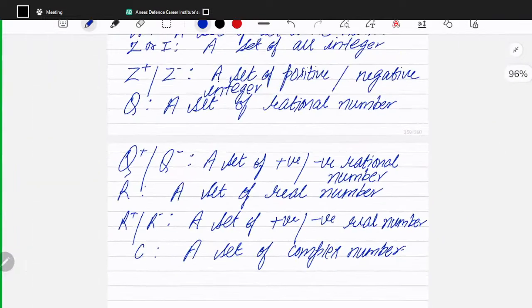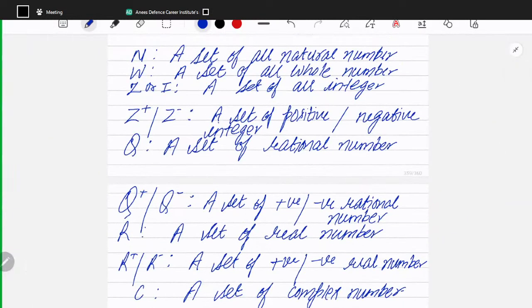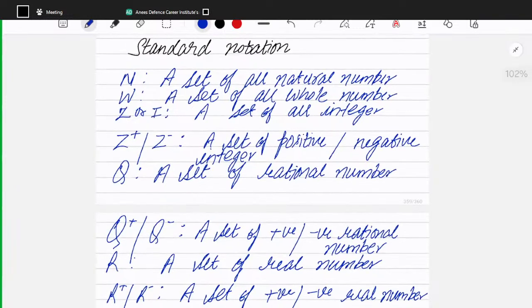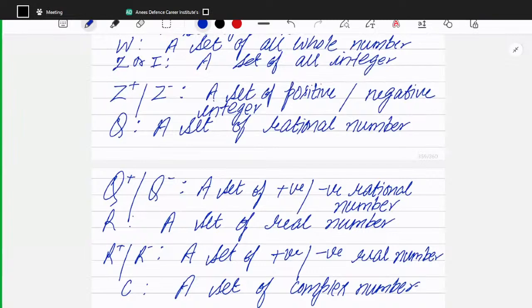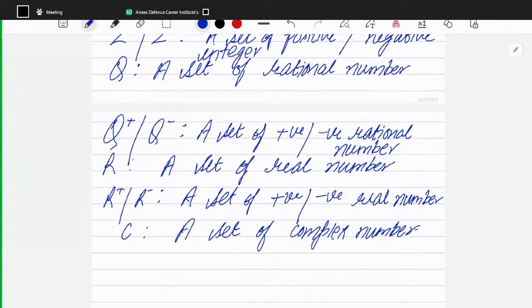These are the notations which are used to represent a set of numbers, that is natural, whole, rational, irrational, real, and complex. These are the notations.